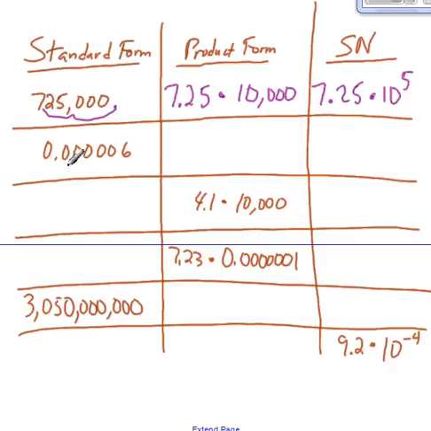Now, when you're looking at a very small number, this one has 5 zeros after the decimal, 6 zeros if I count the one in front. But what I'm really doing here is multiplying this by 1/10, 100th, 1,000, 10,000, 100,000, million.